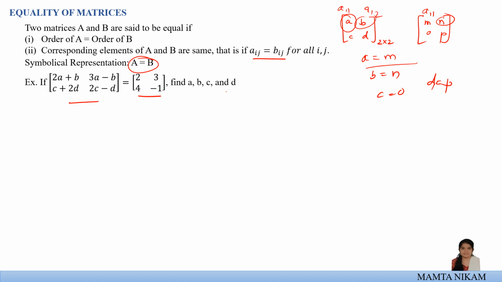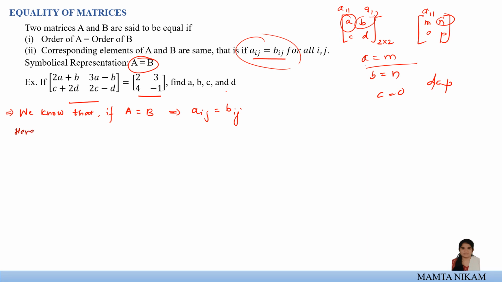So we have just seen if two matrices are equal, Aij is equal to Bij. We know that if A is equal to B, this implies Aij is equal to Bij.